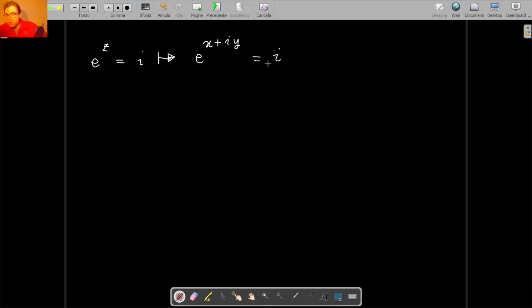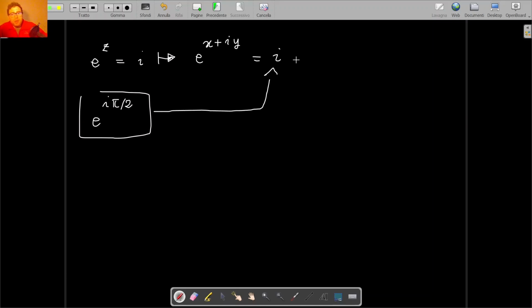Now we remember that we think of the imaginary unit as e raised to i pi over 2. And so we substitute this here to obtain the following equation: e raised to x plus i y is equal to e raised to i pi over 2.